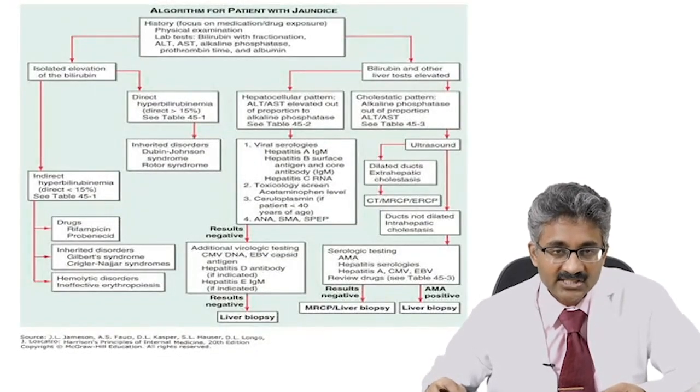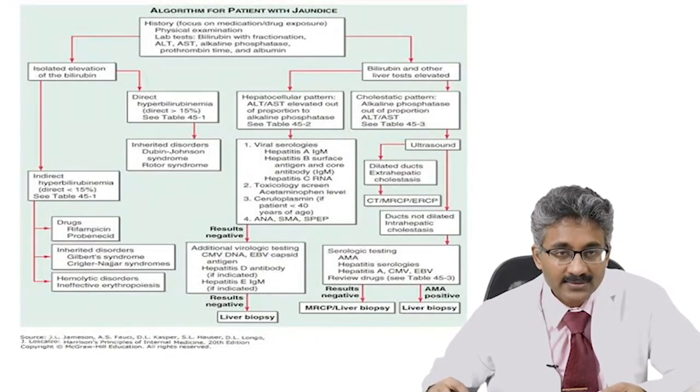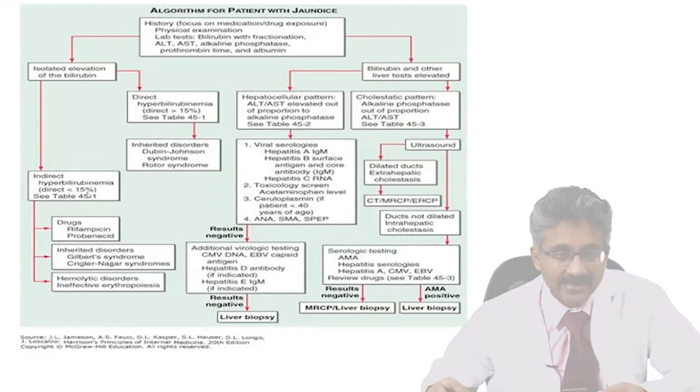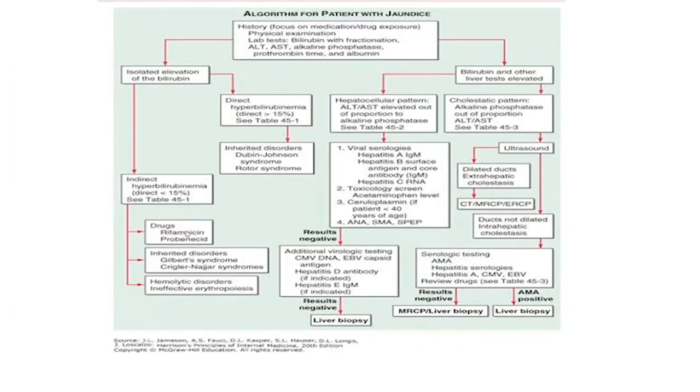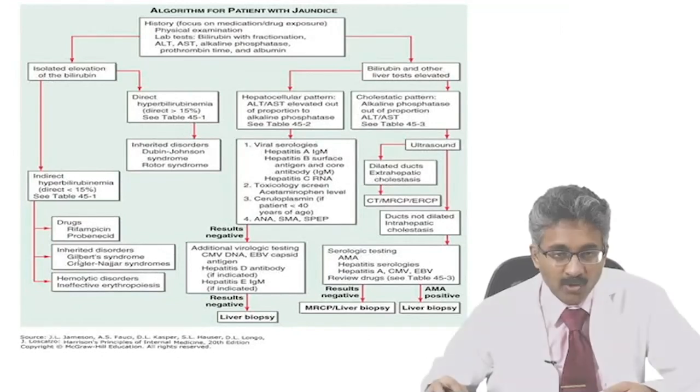So just see this chart. Here you see on the left side isolated elevation of the bilirubin, that is indirect hyperbilirubinemia. If the direct is less than 15%, then that is indirect. Causes are rifampicin, probenecid because of the defective uptake. Then defective conjugation by Gilbert syndrome and Crigler-Najjar syndrome.